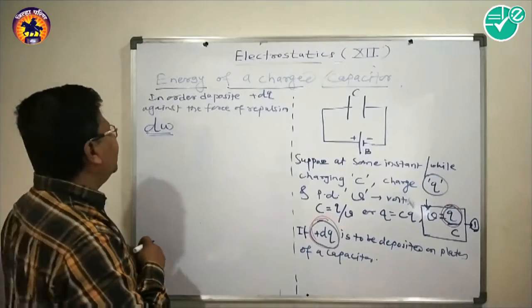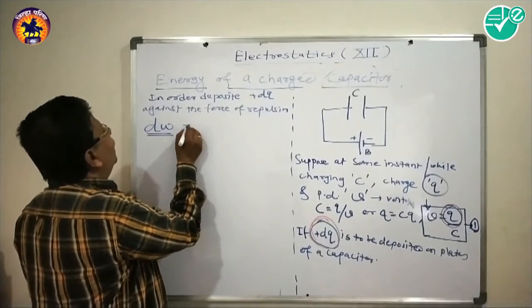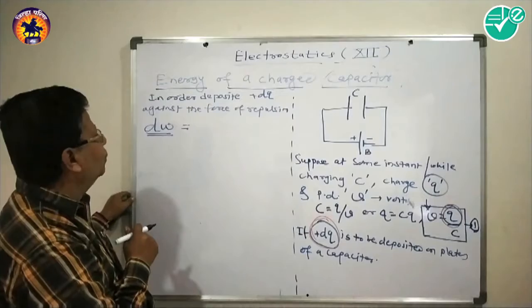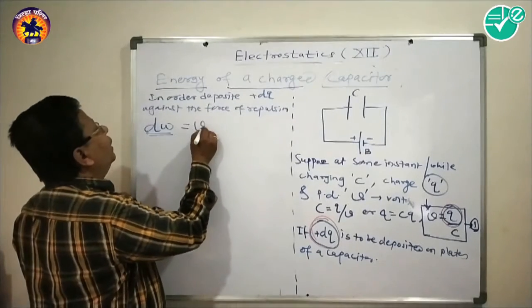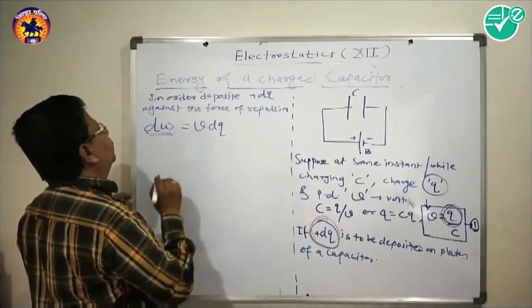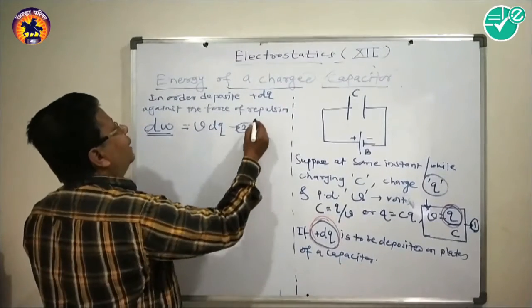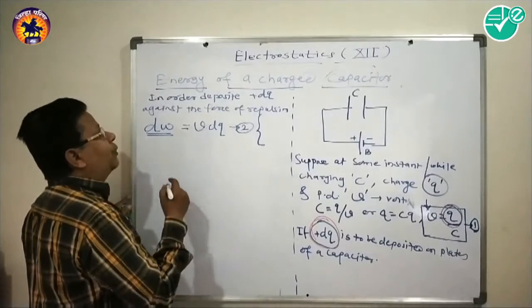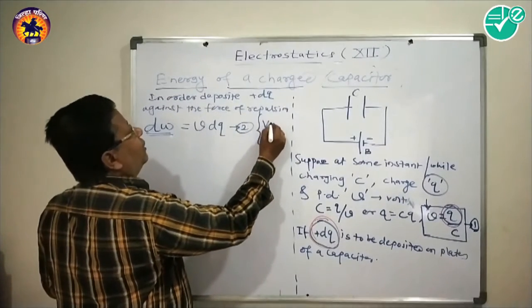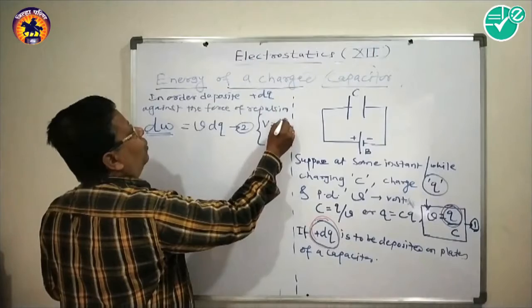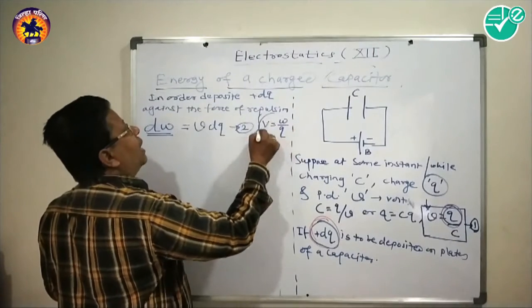a small work is to be done, which is dw. And work done is given by the formula dw is equal to V into dq. Say this is equation number 2. And this equation is obtained from the electric potential V is equal to work upon charge.